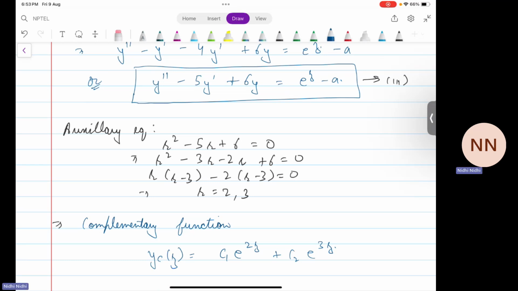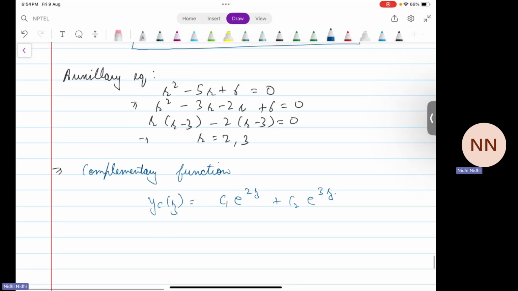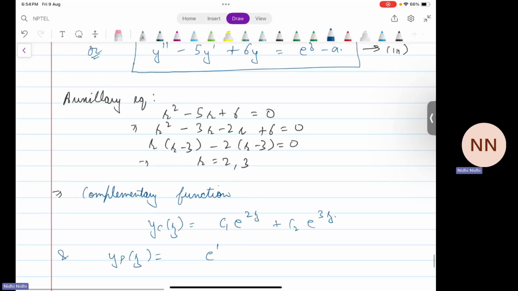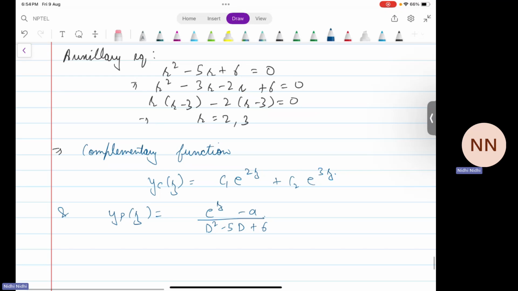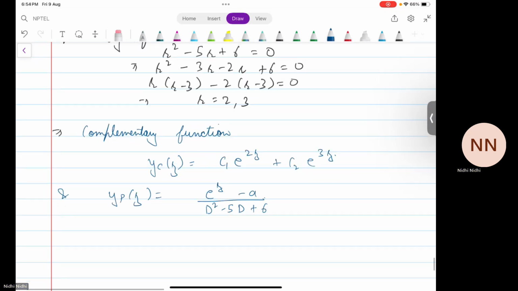So again we'll use the same method as done earlier, because the non-homogeneity we have is some power of exponential. So the particular solution is given by (e^z − a) / (D² − 5D + 6). Again, if you put D equals 1, the denominator is non-zero.